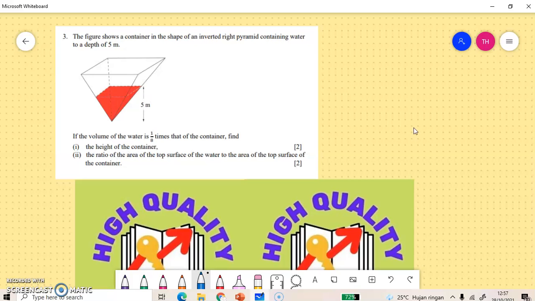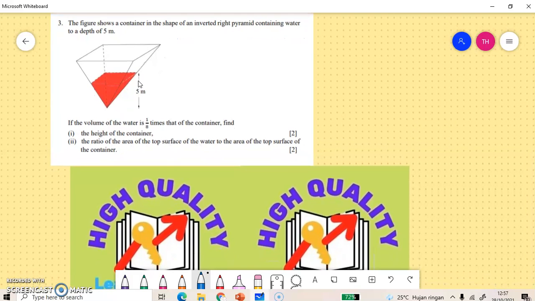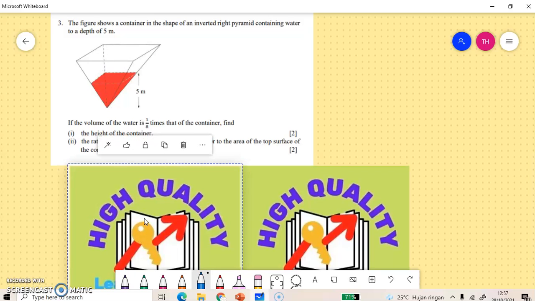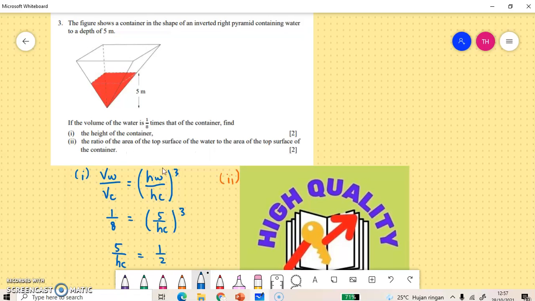So we can use the ratio between the depth and the height of the pyramid. Here the volume of water, W is for water, and C for the container. The ratio of the volume of water and the volume of container is the ratio between the height of water, or the depth of water, and the height of container.